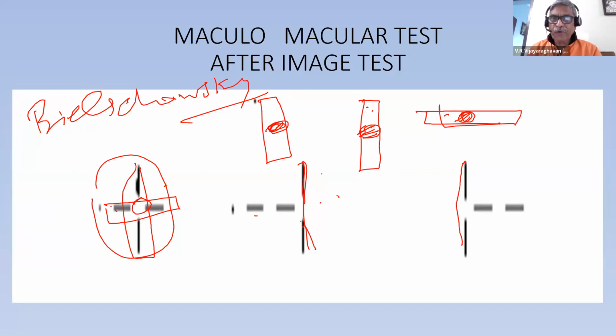In the synoptophore, I think you might have seen synoptophores, we have viewing tubes and all. We have various degrees of binocular vision. First grade is simultaneous perception. Suppose squinting is there in the right eye and the left eye is normal. I put the slides.